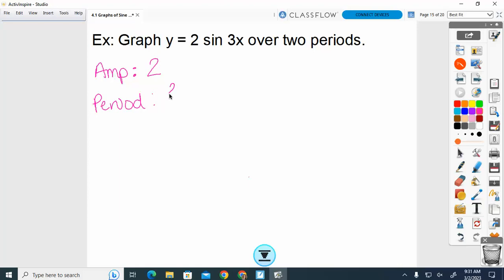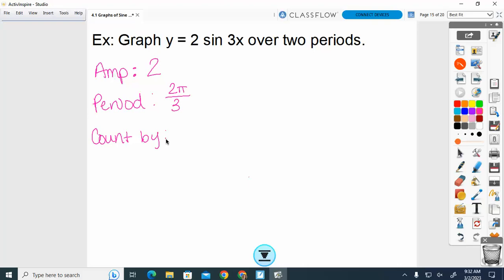Period is 2 pi divided by the number in front of x, which is 3. Third step, we're going to find what I call the count by. These are going to be the points on the x-axis. What I know right now is if I start this at 0, when I get to 2 pi over 3, it's going to start repeating itself.